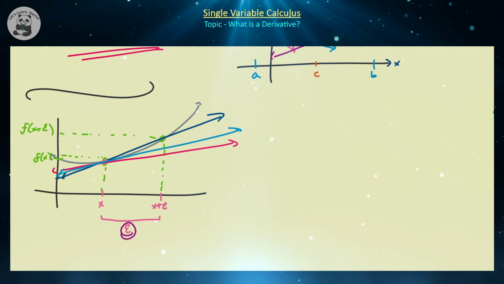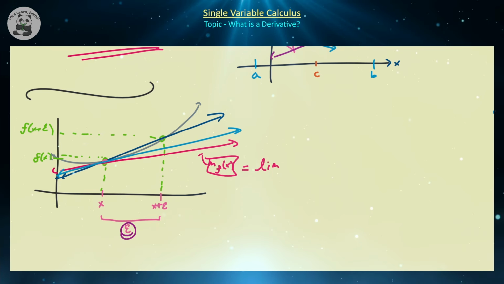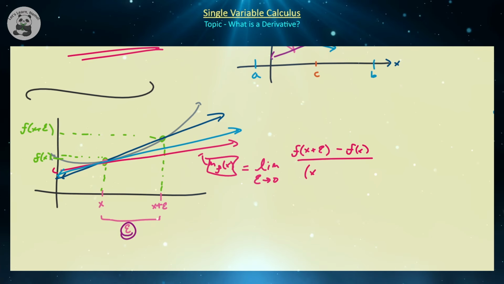So how can we make things arbitrarily close to a number? Well, we actually already know how to do that. That would just be via limits. So the slope of this line at the point x, which we could also write as f prime of x, is going to be equal to the limit as epsilon approaches 0 of the average rate of change relation: f of x plus epsilon minus f of x divided by x plus epsilon minus x.